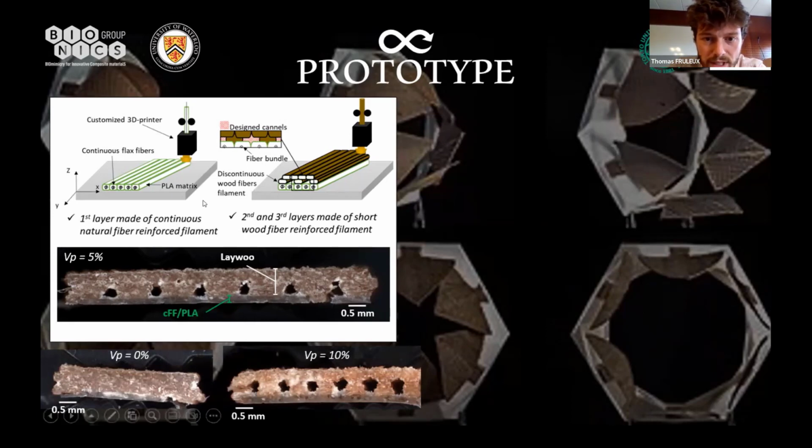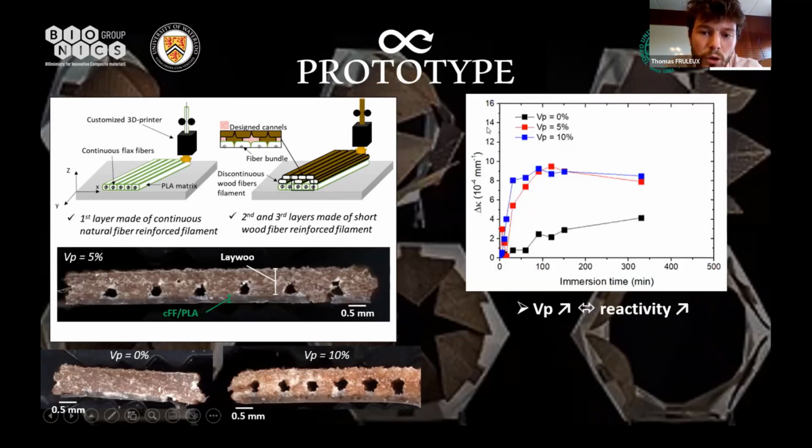But what is very interesting is looking at the reactivity of the material. Here you can see the curvature of the material as a function of the immersion time. And you see that the response is much quicker when we use a porous structure than when we use an unporous structure, meaning that the response will happen faster, even if at the end we get the same amplitude of curvature.